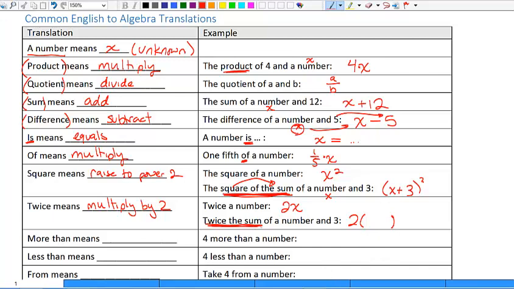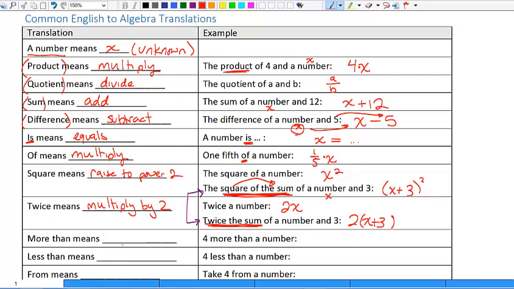What is it that we're adding? Well, the sum of a number and 3. So that's x plus 3, and we're twicing that. That's very similar to what we did with the square of the sum. Because you see that word sum and we're doing something to the sum, we're squaring it or we're twicing it, you have to put that sum in parentheses.